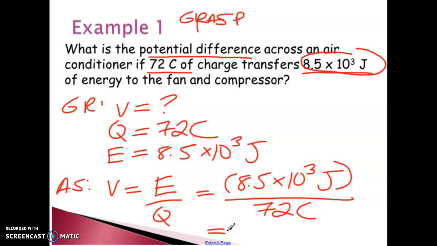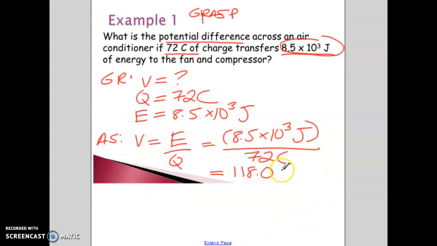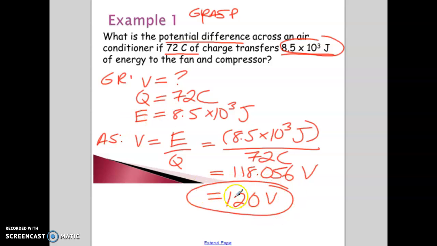So we have bracket 8.5 times 10 to the 3, close bracket, divided by 72. So we have 118.056, but remember we're going to round that, and the unit is volts. Both of our numbers from our original question have 2 significant digits, so this would be 120 volts once we round that to 2 sig figs.